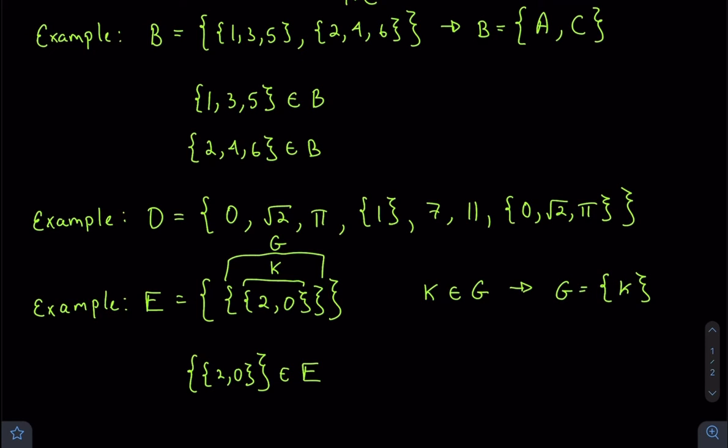So set G is right here. Furthermore, we could rewrite set E as a set containing the element G. And now it's obvious that there's only one object in set E, which is G. And these are the same thing.